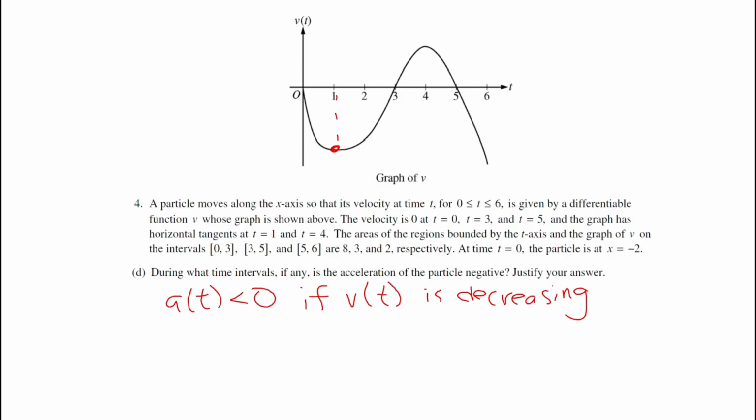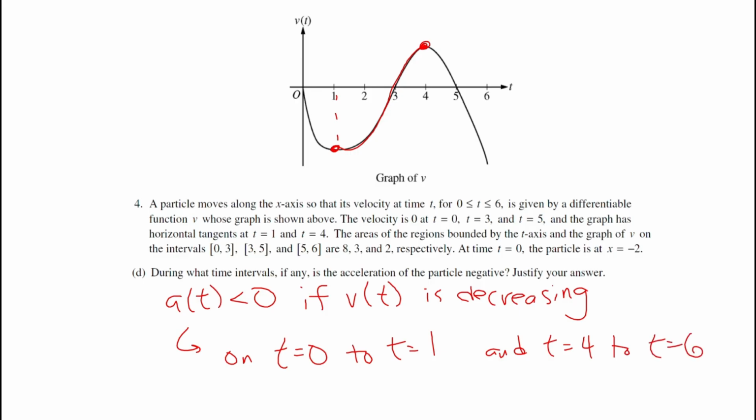Another of them was at 4. So a of t is less than 0 on the intervals when the velocity is decreasing. That'd be from t equals 0 to t equals 1, because the velocity is going down there. Then the velocity increases here, but then it decreases again from 4 to 6. So we'll say and t equals 4 to t equals 6.